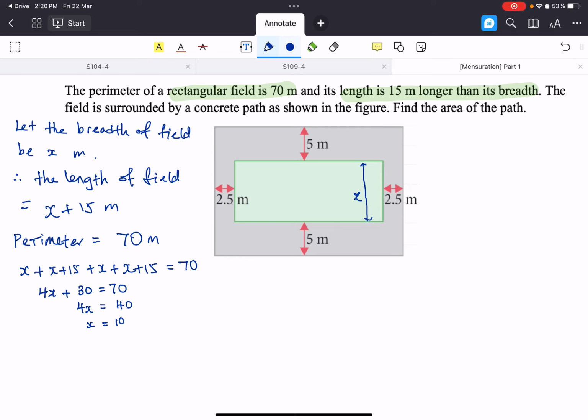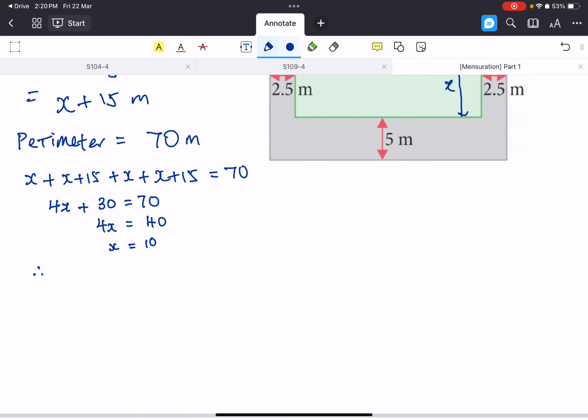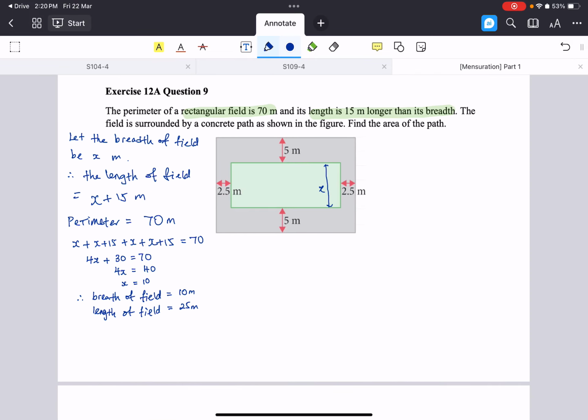The breadth is 10 meters, so we can declare that. Therefore, breadth of field equals 10 meters and the length of field is going to be 10 plus 15, 25 meters. So this is the information we have about the field.